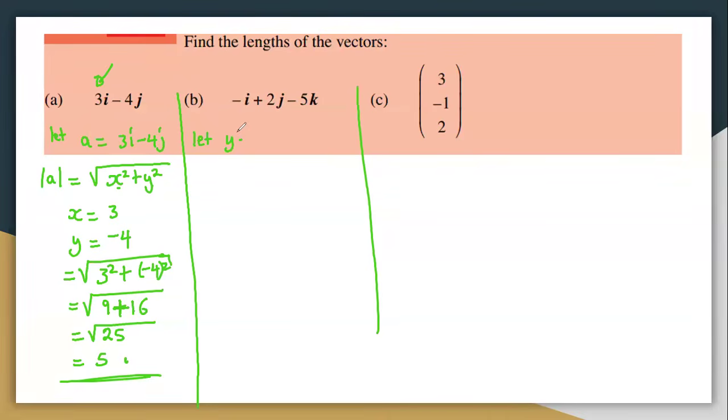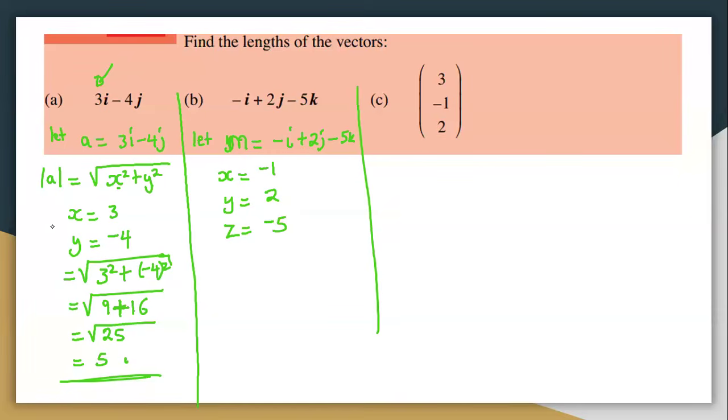Better use something that may not confuse at a later time. Let m equal negative i plus 2j minus 5k. Okay, good. So we're going to use magnitude. For m, first extract for us your x, y, and then z. Our x is negative 1. Y is 2. And then z is negative 5.